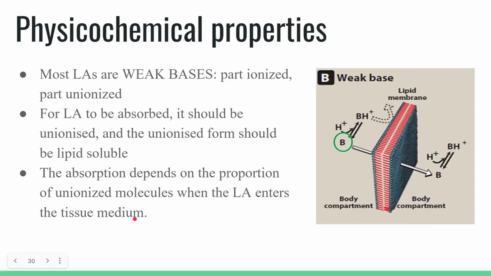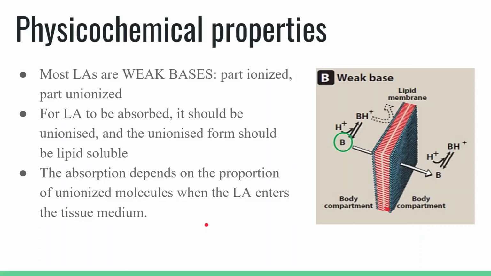What does this mean? Since we're talking about weak bases, this means that when you drop this local anesthetic into the tissue medium, there's going to be a specific proportion of the ionized form and a specific proportion of the unionized form. Okay? Now, when the proportion of the unionized form is high and the proportion of the ionized form is low, this means that most of the base is in the unionized form, which means that most of it can diffuse across the membrane, which means that the onset of action is going to be very fast.